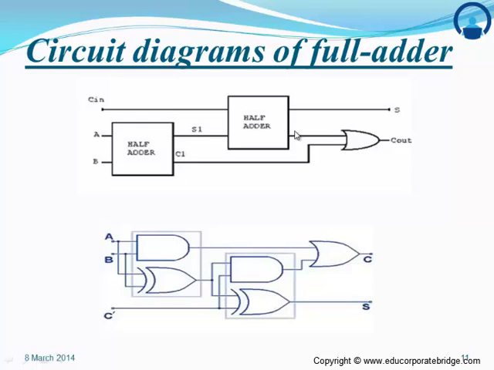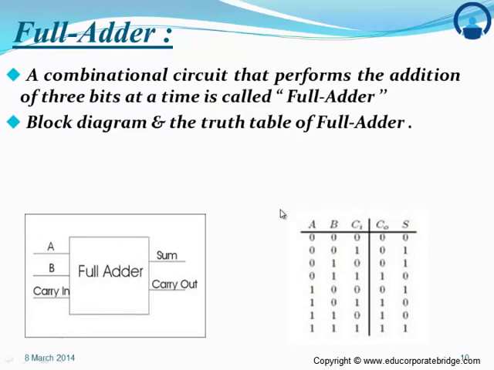Before moving to this, let's check out the circuit diagram or the logical diagram for the adder. If we have a 3 input adder, that is A, B, C, from the sum and carry table, we can check this.